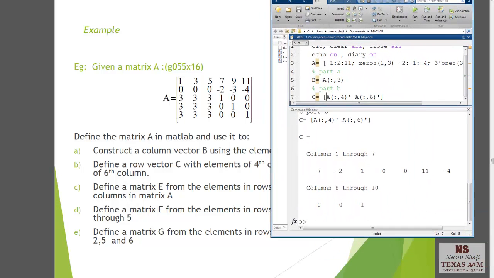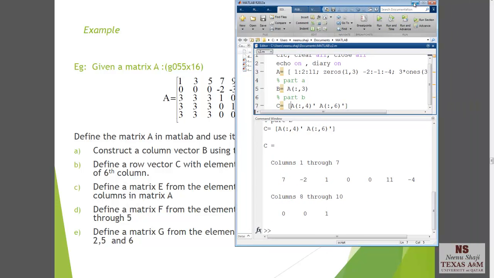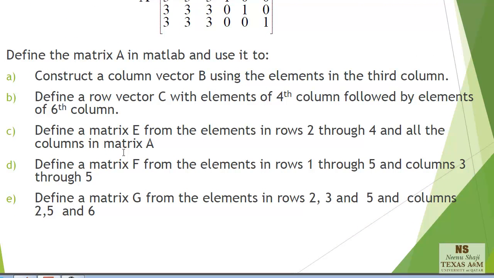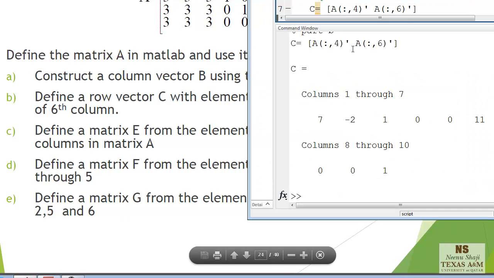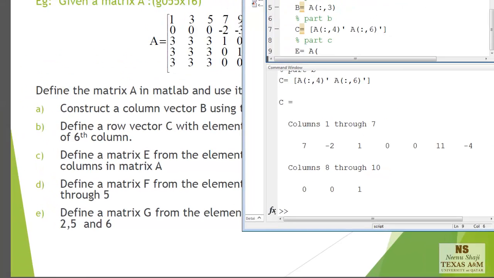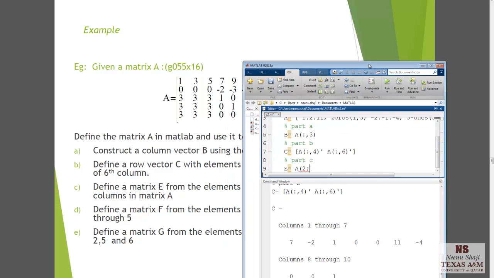Next one, define a matrix E from the elements in rows 2 through 4 and all the columns in matrix A. We're going to define a matrix using elements in rows 2 through 4.